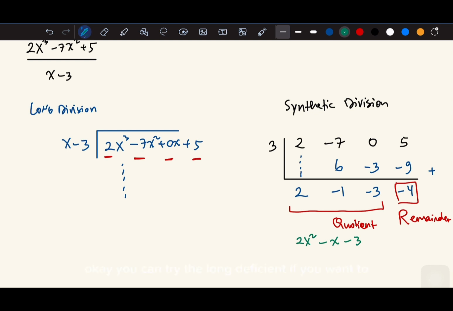You can try the long division if you want to make sure that we have the correct answer. So we can check, this is 2x squared. The first one is already correct, right? 2x squared, 2x cubed, minus 6x squared. This is negative 7 plus 6, right? So negative x squared. And then what else? Just this one, and then plus 5.